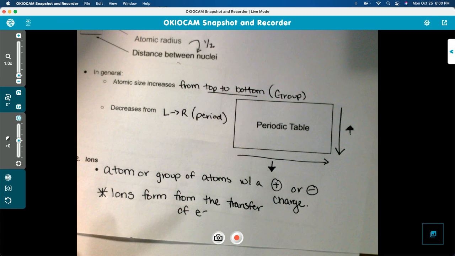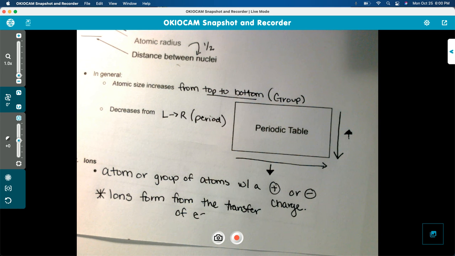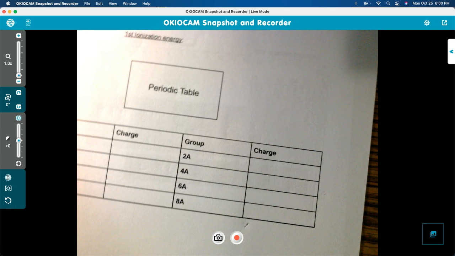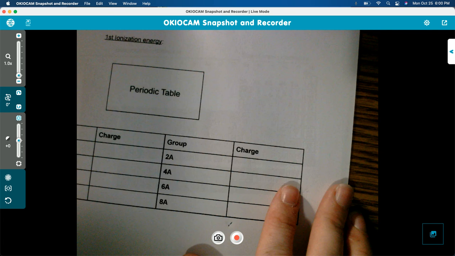We need to understand what ions are in order to understand our next periodic trend, which is going to be our ionization energy. The next sheet of your paper should look something like this.